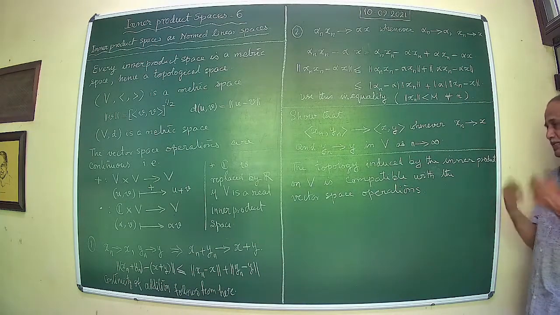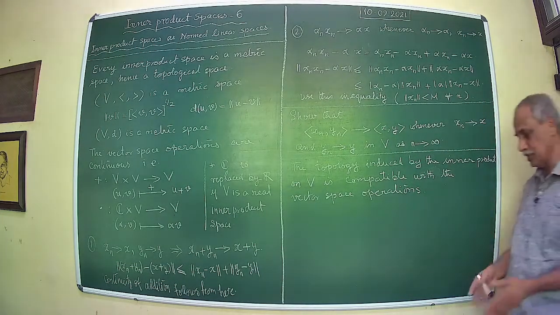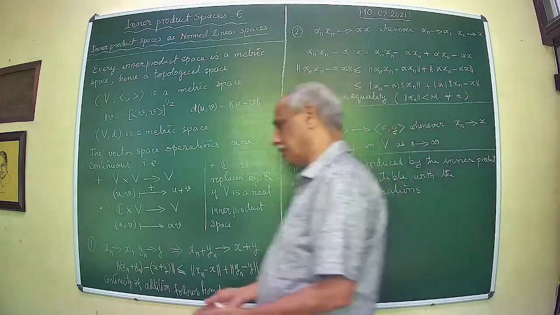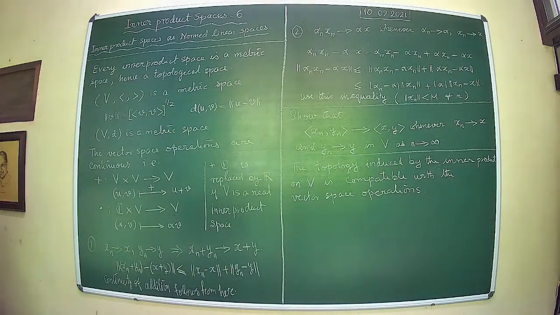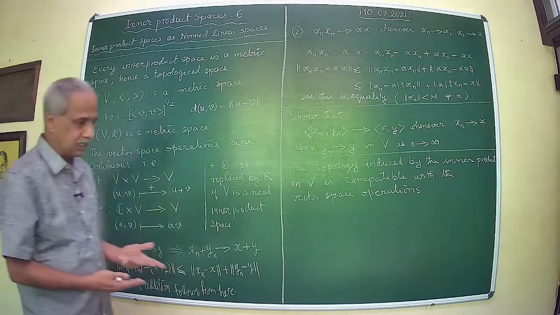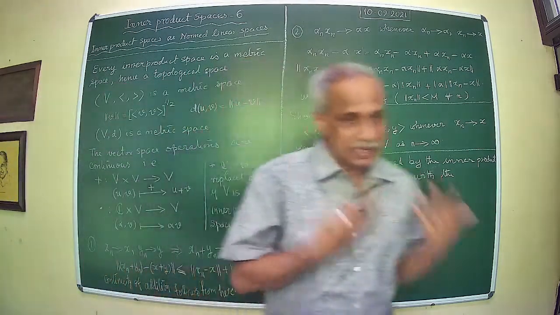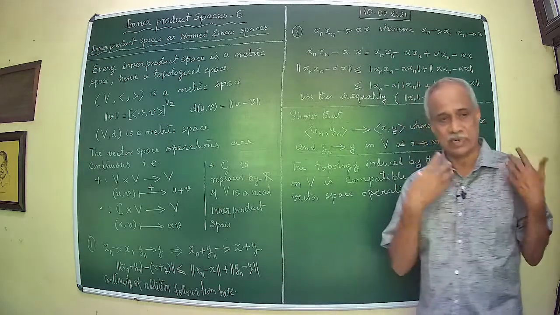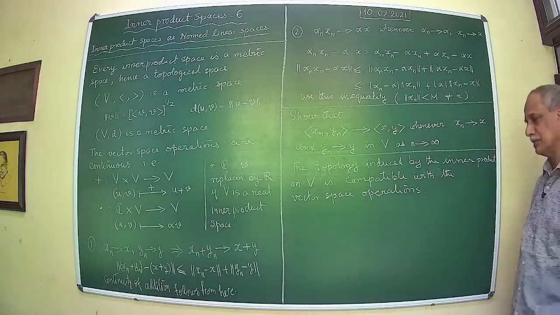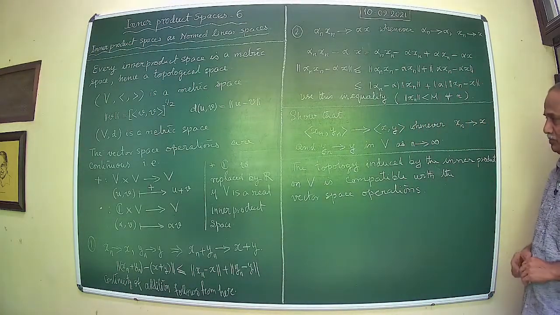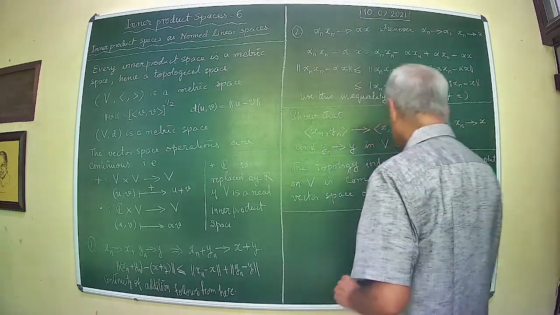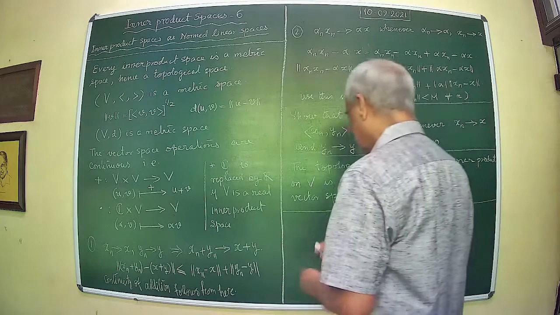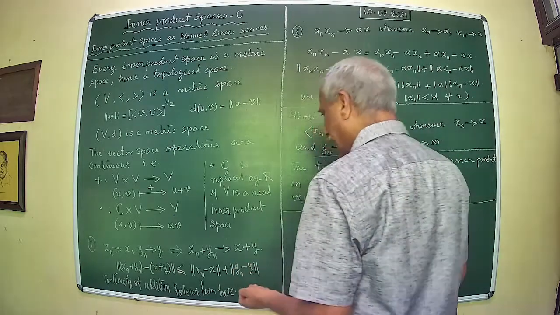And such spaces are what are called topological vector spaces. So you see that every inner product space is a normed linear space, every normed linear space is a topological vector space. But there are topological vector spaces which are not normed linear spaces. Okay? So that's just a caution. So we will make just a note of that.